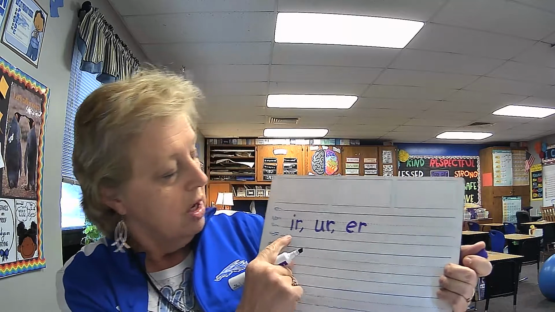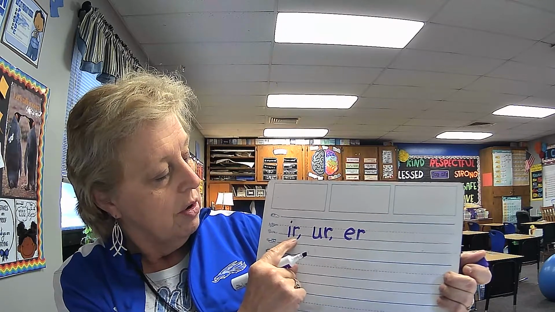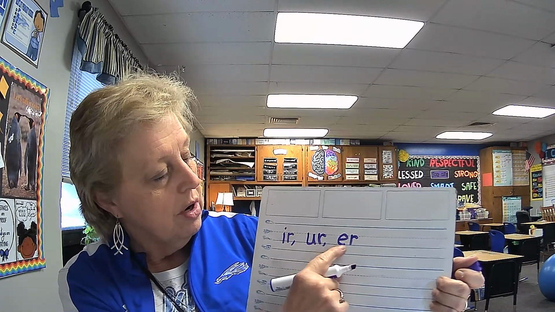And the third one, E-R, her. Put your comma between those 2. So the sounds of ER are I-R, U-R, E-R. 3 different ways to make the same sound. All right, good job. New screen.